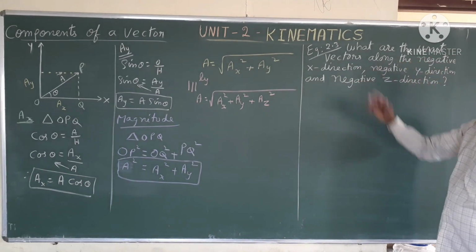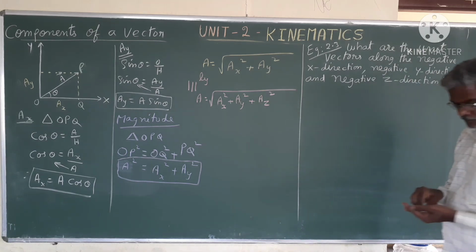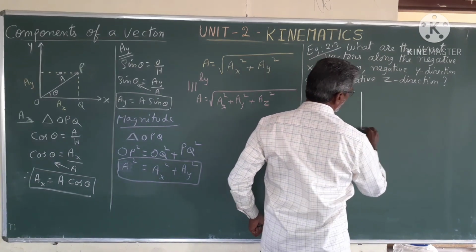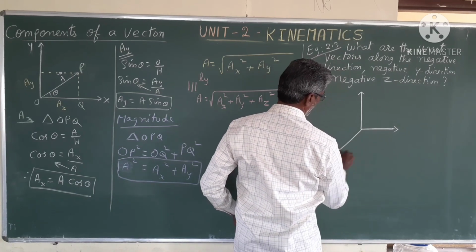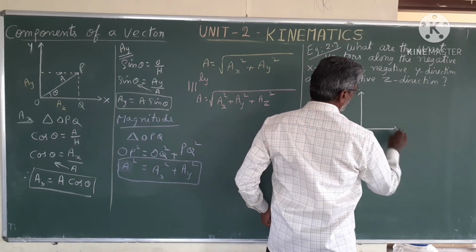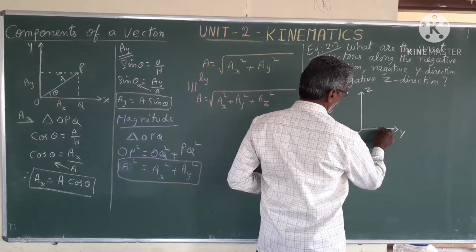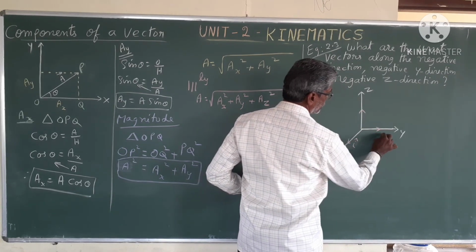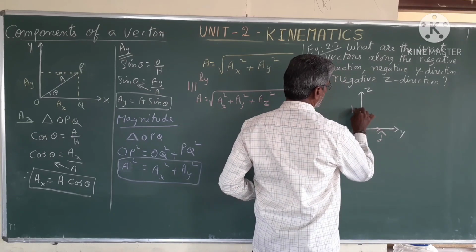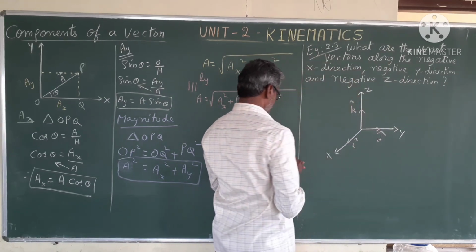What are the unit vectors along the negative x direction, negative y direction and negative z direction? So x, y, z. For this, the unit vector is i cap along x, j cap along y, k cap along z.